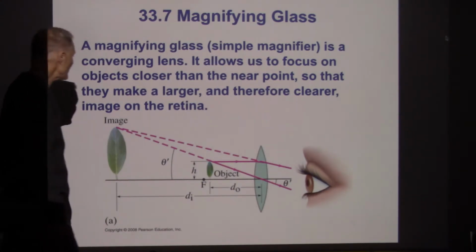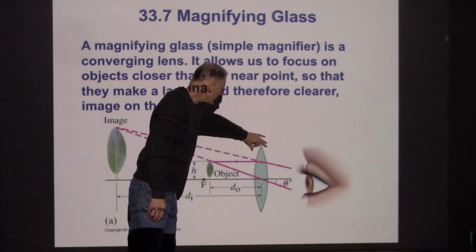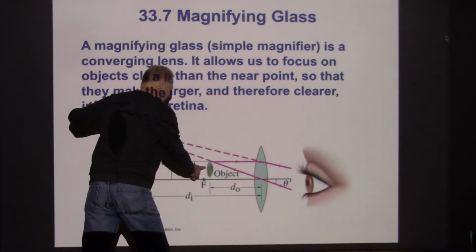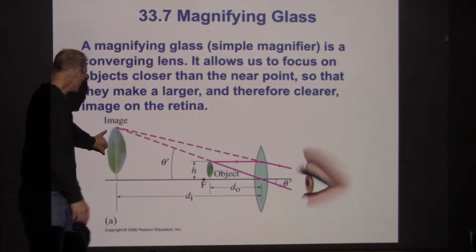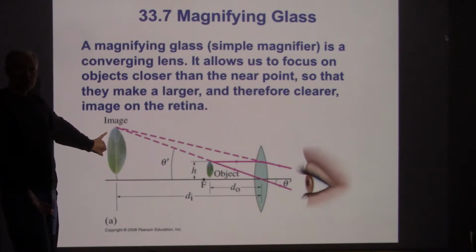And the idea is this. This is really clever. What we do is we bring in a converging lens. Now, with the converging lens, I can place the object inside the focal point. That will result in an image that is not inverted. It's right side up. It's upright.